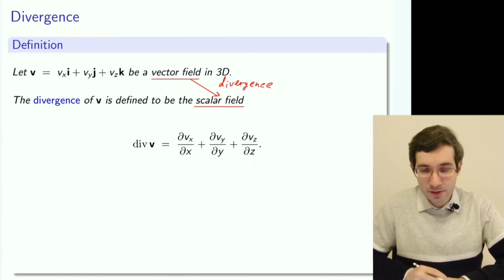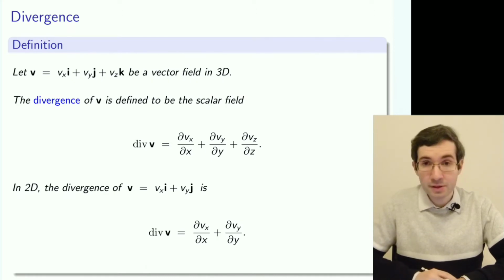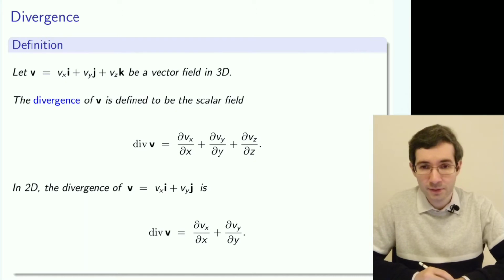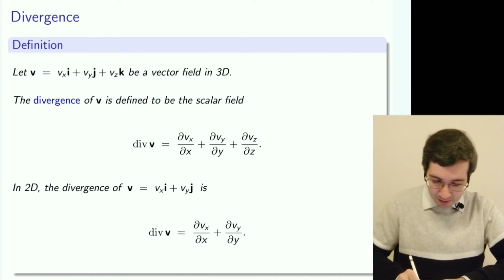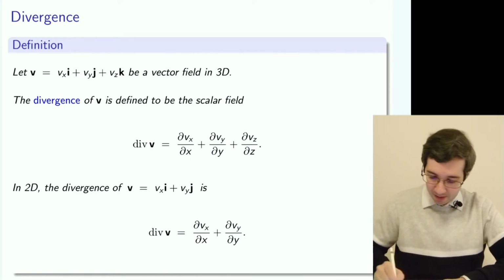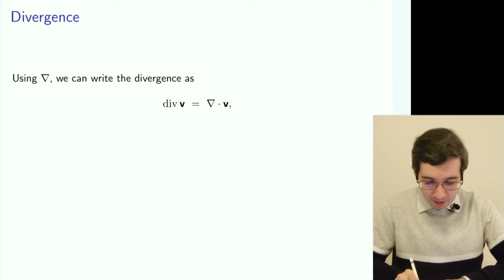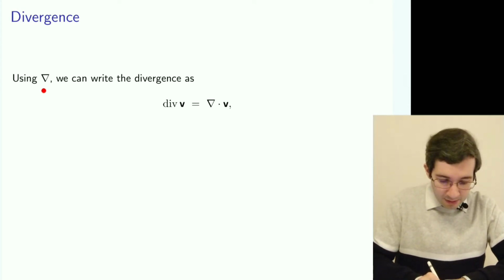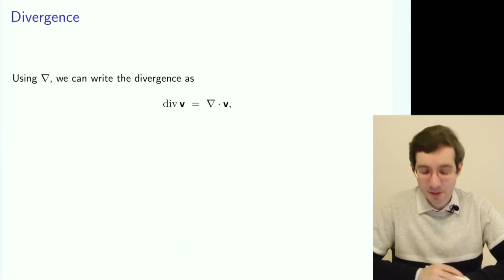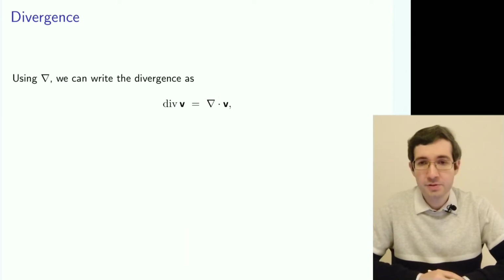Before we do this, let's also think about two dimensions. In two dimensions, you have only two components of the vector field, and therefore you only have two terms in the divergence. And you also can use the nabla operator, which we discussed a couple of times already, to define the divergence.